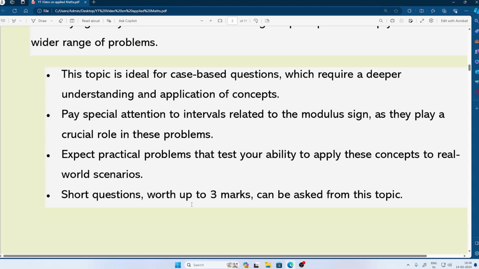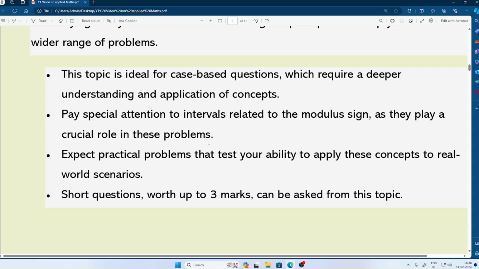Short questions worth up to 3 marks can be asked from this topic. But case based questions, that is competency based questions, 4 mark questions also can be asked on it. In many school papers I have seen that they are asking boats and streams problems where it is case based. Some situation can be explained.